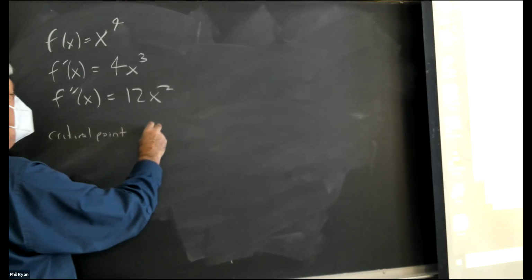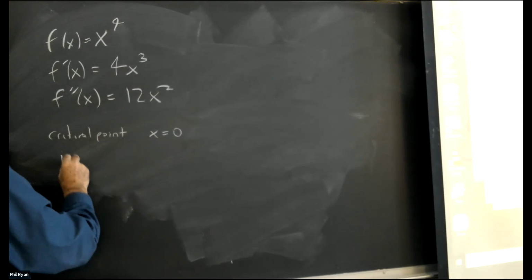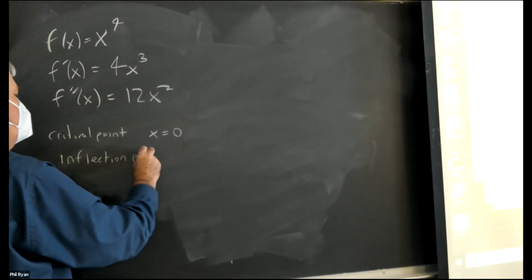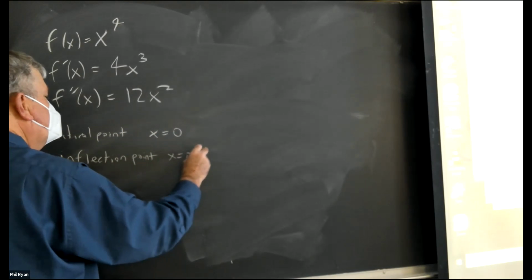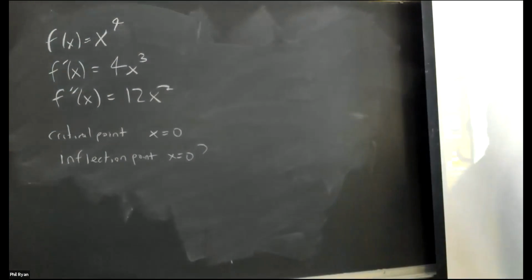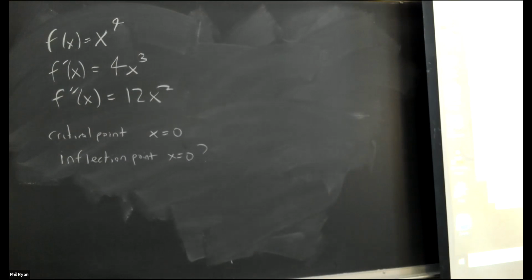X equals 0, right? Inflection point: x equals 0, question mark. Oh, this is interesting. It's both a critical point and an inflection point. Okay. What's happening here?